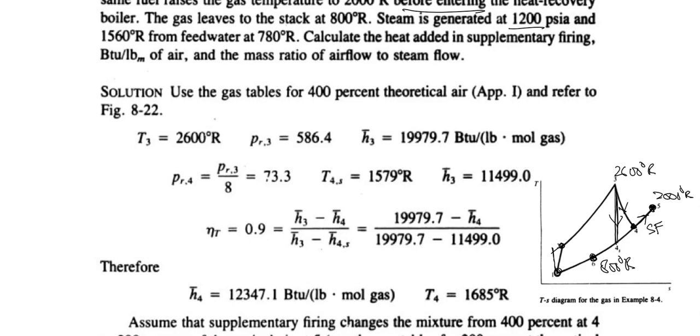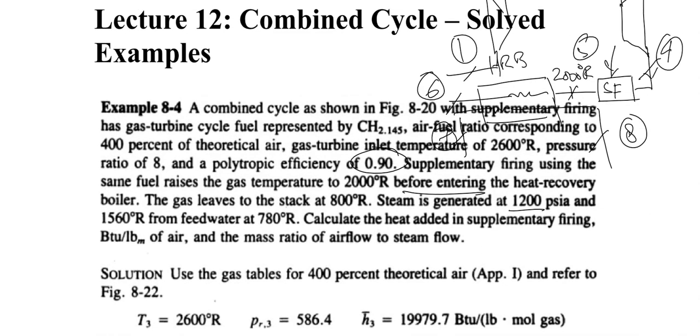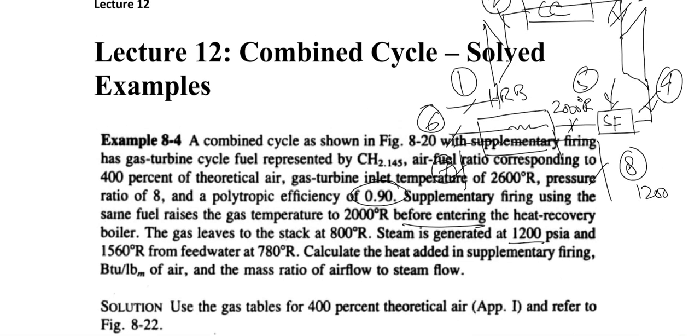That's the part where we are exiting from the gas turbine cycle and entering the steam cycle. Now the steam is generated at 1200 psi, which means the steam over here would be at 1200 psi and a temperature of 1560 degrees Rankine, and over here at point 7, we would have a feed water temperature of 780 degrees Rankine.